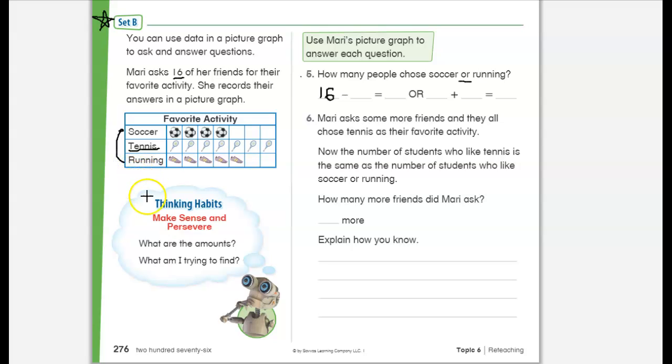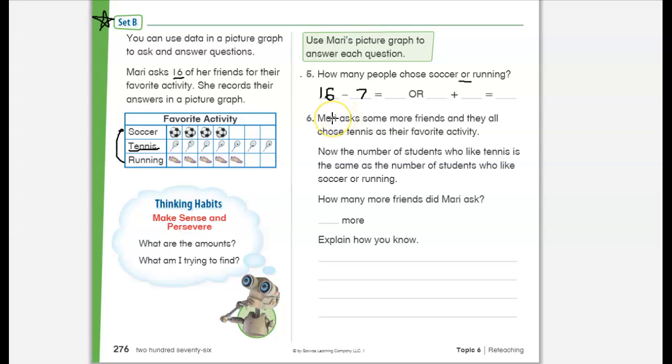Let's count how many students voted tennis as their favorite activity. 1, 2, 3, 4, 5, 6, 7. We are going to subtract 16 minus 7 to get our answer. What is 16 minus 7?